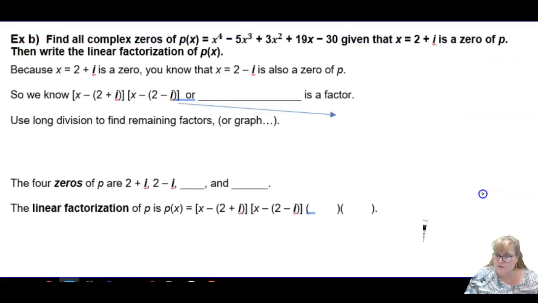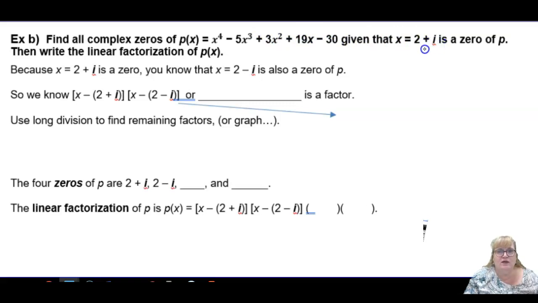So we're going to start this time with one that says, let's find all the complex zeros of x to the fourth minus 5x cubed plus 3x squared plus 19x minus 30, given that x equals 2 plus i is one of the zeros.